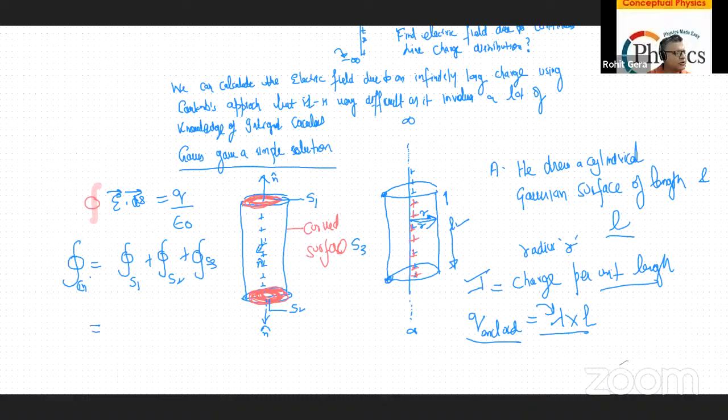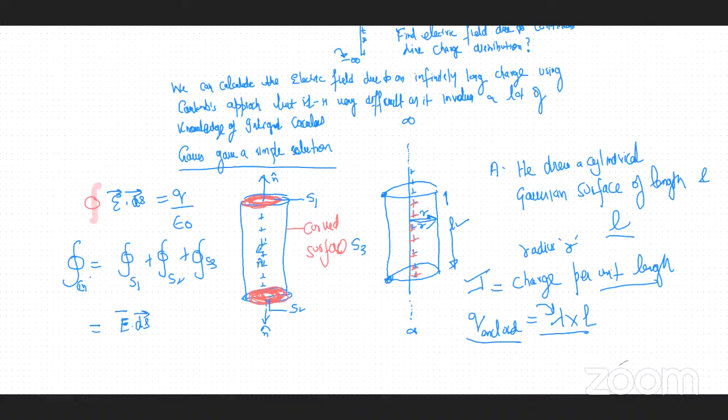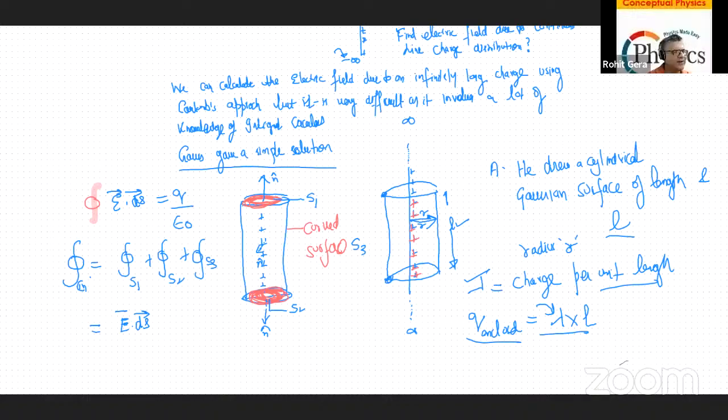E dot ds. Now tell me for surface number 1 and surface number 2, where is the direction of E if it's a line charge density? The electric lines of force will be on both the sides away from the charge, and the normal is here.